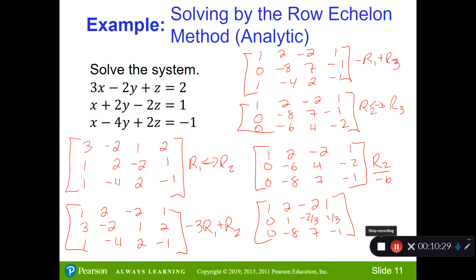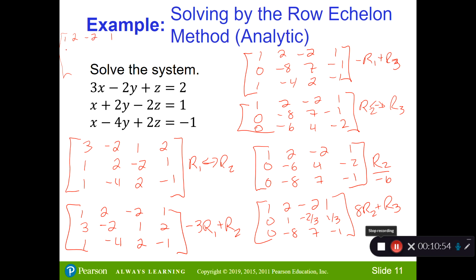All right, so now to get 0 here, I'm going to do 8 times row 2 and add it to row 3. Let's see, I'm running out of room here a little bit. Let's go over here. Okay, so the first row stays the same, 1, 2, -2, 1.